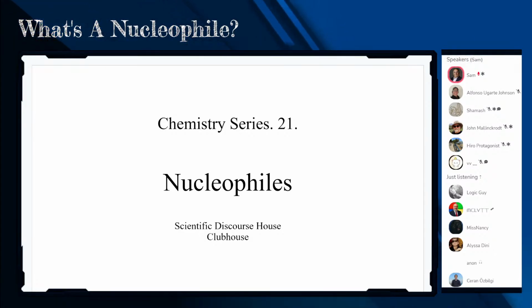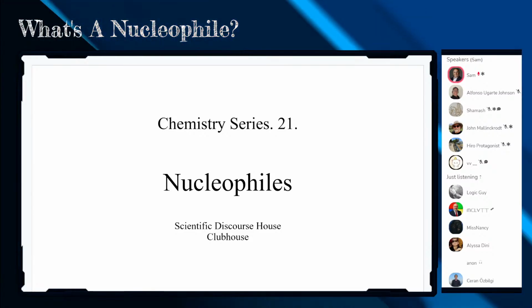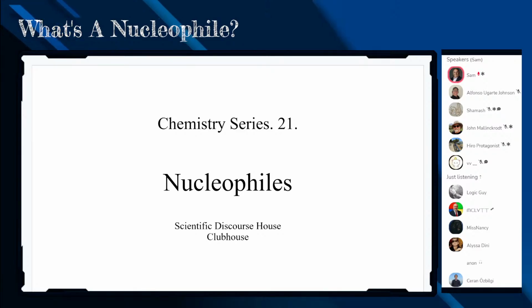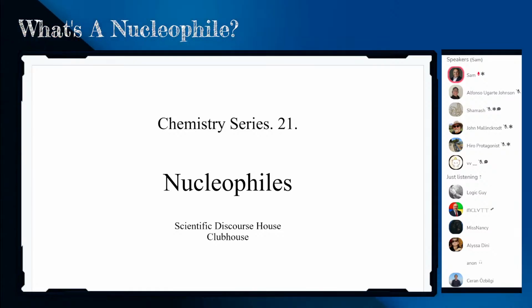Once you get out of the atomic structure and all the quantum mechanical physics stuff, you get to actual chemistry reactions and making new molecules and making bonds, breaking bonds. The first thing that you run into are nucleophiles. So what are these nucleophiles? Let's take a few steps back and start with those orbitals and quantum mechanics and all that.